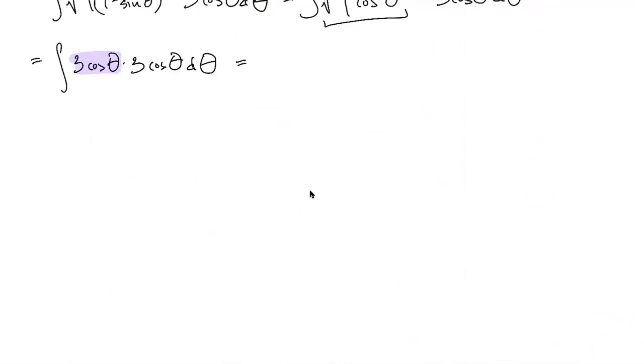We had our integral of 3 cosine theta, 3 cosine theta. So that's going to give me 9 integral of cosine squared theta d theta. Okay. Now this piggybacks off of what we learned yesterday. All right. So cosine squared theta, when there's no sine theta, I can't use my method of splitting it and then using U substitution.